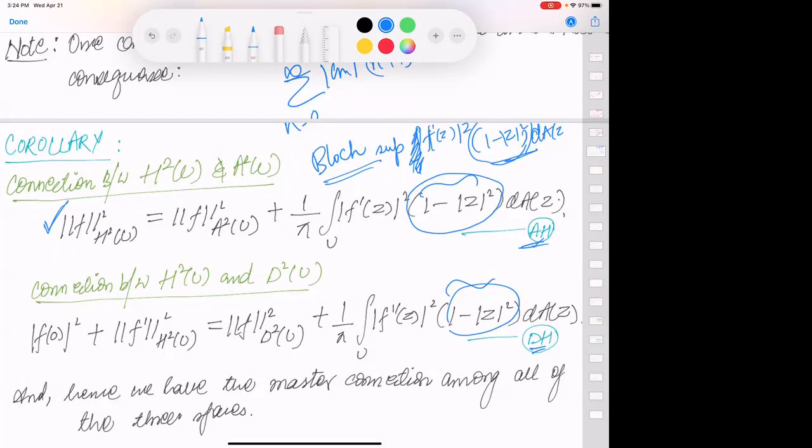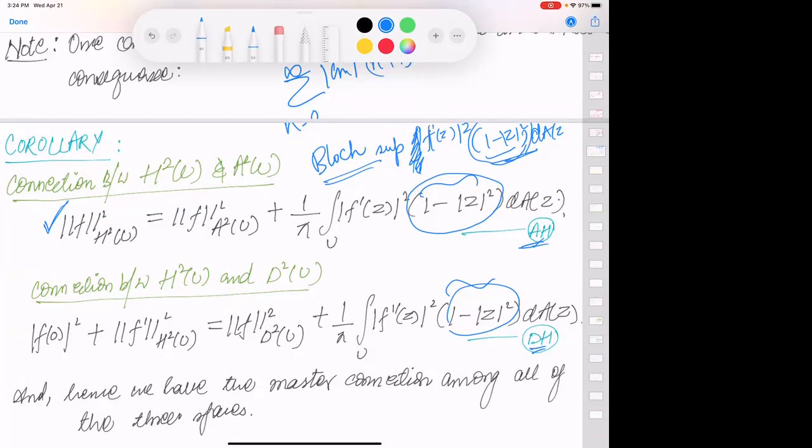But here is the point of observation: you see that 1 minus |z| squared is present in the Bloch space. I was quite intrigued at that point of time, because it looks to me that, at least in some sense, all these four spaces are connected with each other in one way or another.